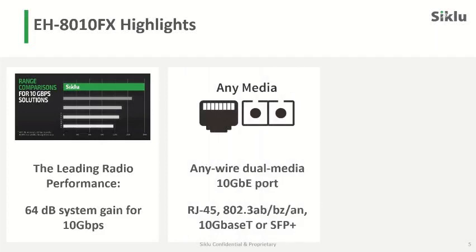The EH-8010FX is also the only radio on the market which has both 10 gigabit on the fiber port, but also 10 gigabit on the copper port with an RJ45 interface. And this allows a very easy transition from any 1 gigabit or 2 gigabit scenario with one of our previously existing radios to the full 10 gigabit gracefully, on any cabling that you may have, fiber or copper.